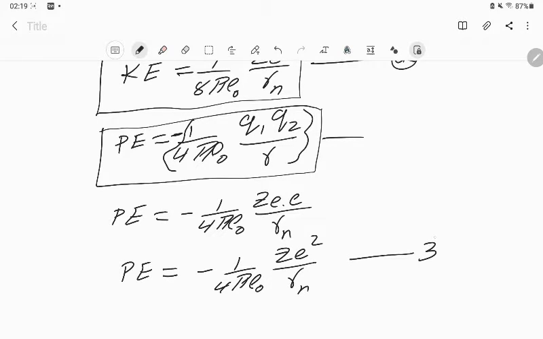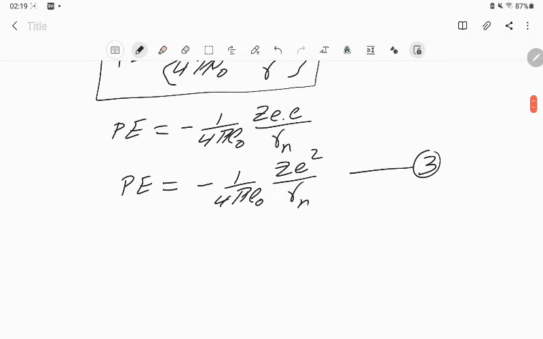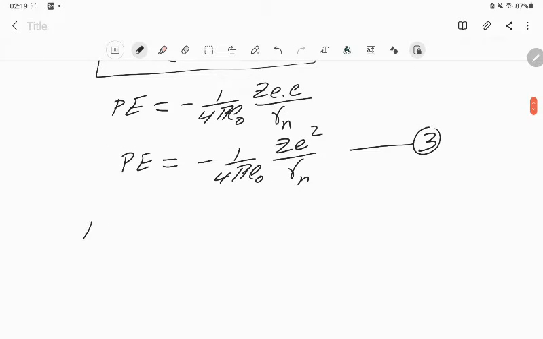Equation number 3. Therefore total energy in the n-th orbit will be kinetic energy plus potential energy.